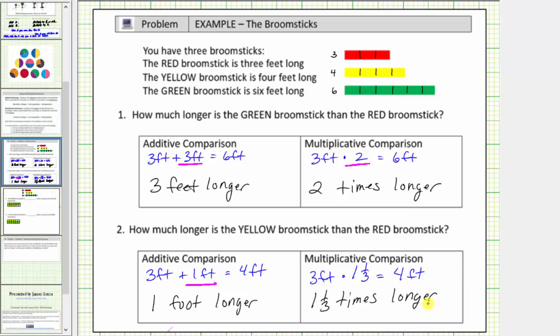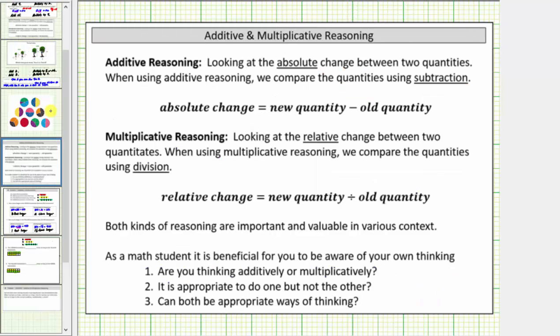Before we look at our last 2 questions, let's look at some notes. More formally, when we use additive reasoning, we're looking at absolute change between 2 quantities, where the absolute change would be the amount we add to the old quantity to get the new quantity. And we can always calculate the absolute change by taking the new quantity and subtracting the old quantity.